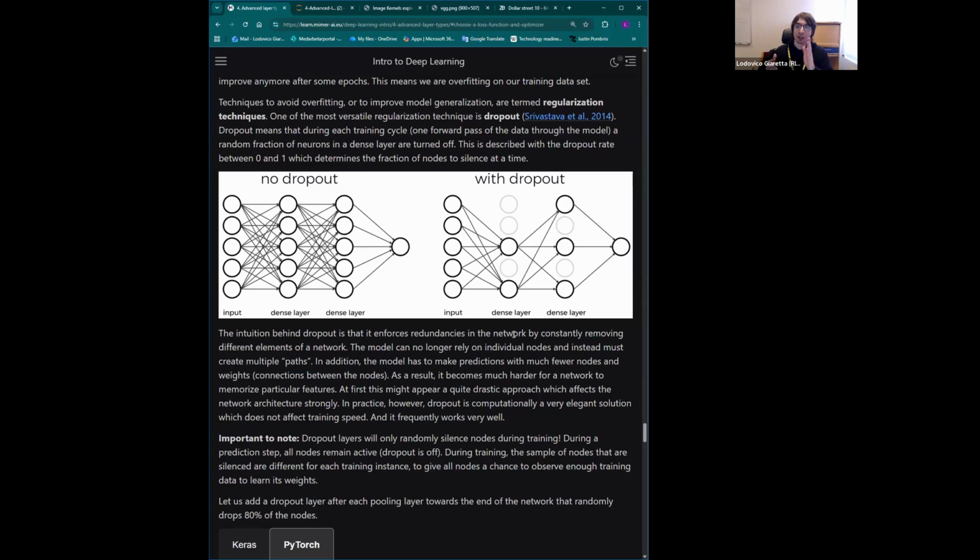Or maybe, instead of always focusing on horizontal lines and vertical lines, when I don't know the horizontal lines, maybe I can use vertical lines plus semicircles to get the answer. So it forces the model to have more options and more redundancy in how it makes its predictions. And it makes it harder to memorize one specific example from the data. And this is a way to basically address this overfitting issue.